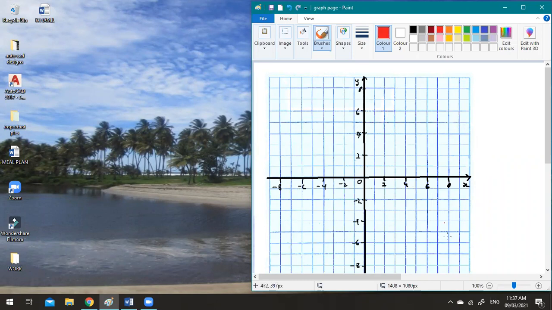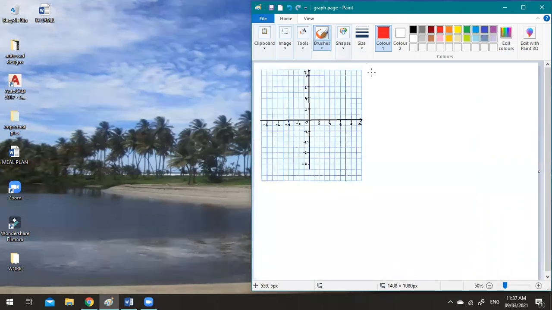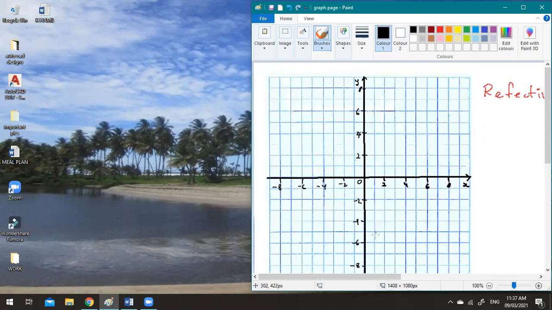Now, we're going to do something called a reflection in the line x equal to y, right? Now, what does that mean? If we watch the graph and we were to draw a line where x is equal to y, so the x value is -4, the y value will be -4, that'll be here. If the x value is -8, the y value will be -8, that's here.